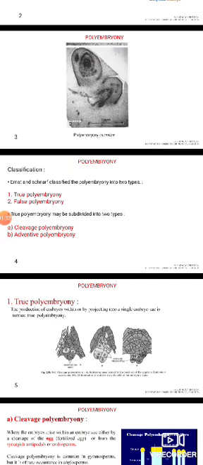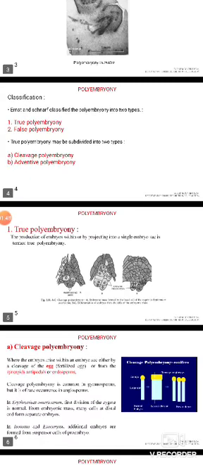True polyembryony. In this, the production of embryos within or by projecting into a single embryo sac is termed true polyembryony. Cleavage polyembryony.